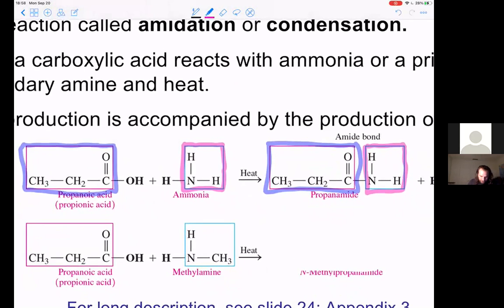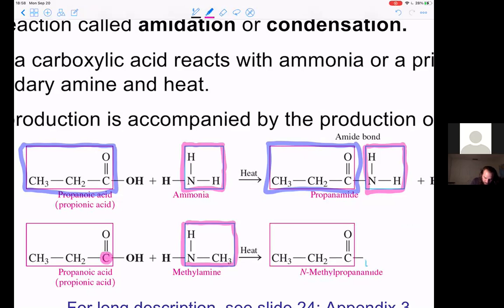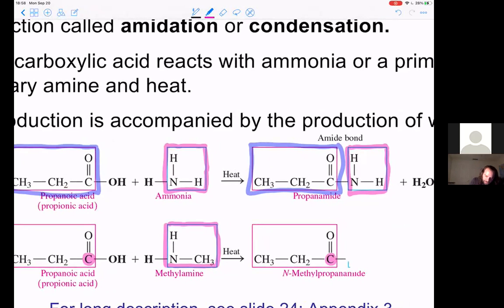Let's see if we can figure out how these would join together. Now we have that same carboxylic acid, propanoic acid, but now it's being combined with a primary amine. Again, we get that carboxylic acid chunk, and notice that it contains that carbonyl carbon. This is one way you can figure out which chunk corresponds to what. Now we have that nitrogen on there.